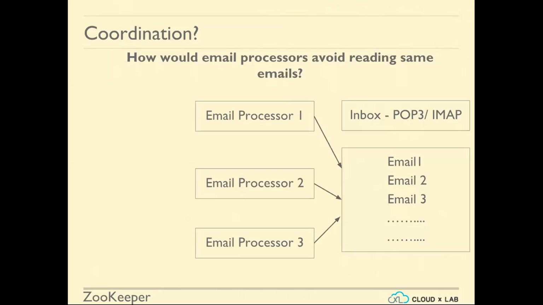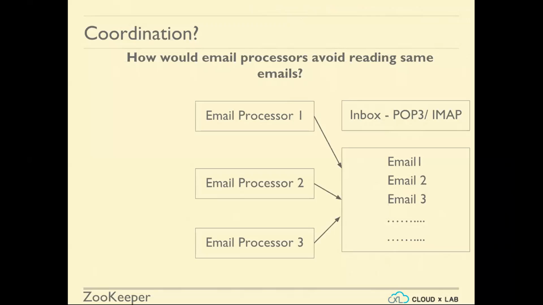Now the question to you is, how would these email processors coordinate with each other so that no two email processors try to process the same email, and none of these email processors skip any email?